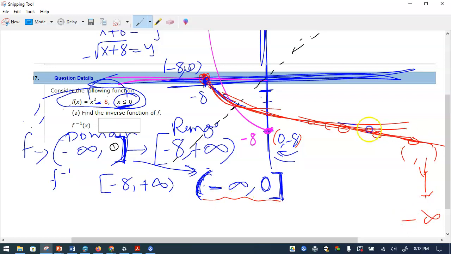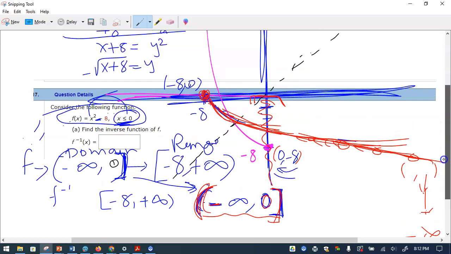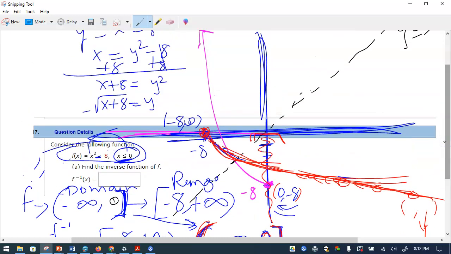And this graph increases, it goes up until here till 0. So that's the range part, from minus infinity until 0. Hope this clarifies the entire question. So that's why we have to take minus. So y is minus the square root of x plus 8. This graph is below the x-axis, a reflection over the x-axis.